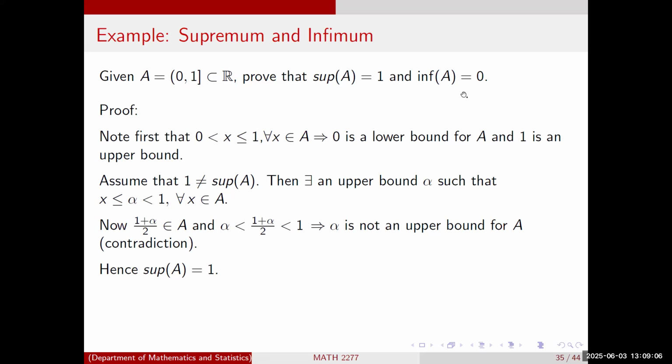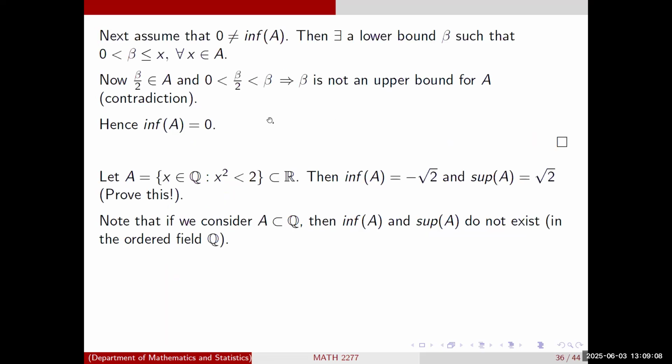What about the infimum, which is 0? Same idea, same trick. So we're going to assume that 0 is not the infimum. The infimum is the greatest lower bound, the greatest of them. If you are not the infimum, then you can find another lower bound, call it beta, such that beta is bigger than 0, or 0 is less than beta, because we assumed 0 is not the greatest lower bound.